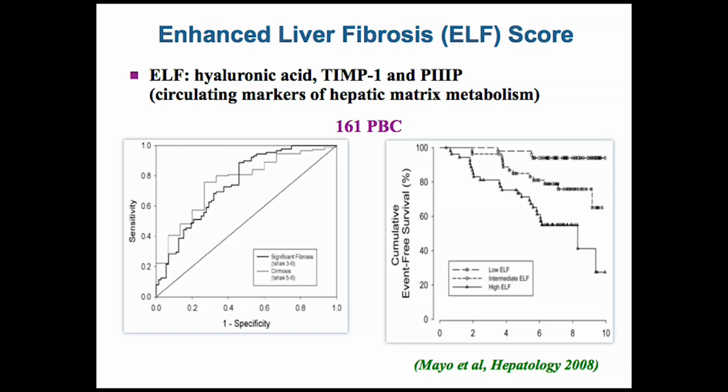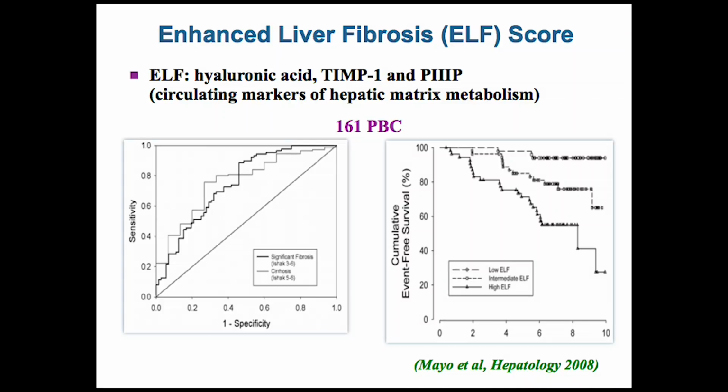So let's move to serum fibrosis markers, and especially to the ELF score, that is based on circulating markers of hepatic matrix metabolism, namely hyaluronic acid, TIMP1 and P3P.